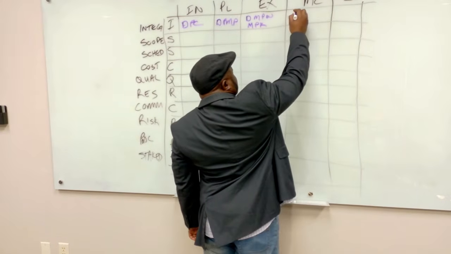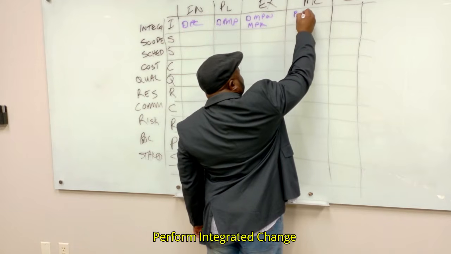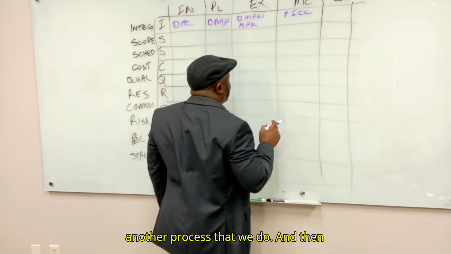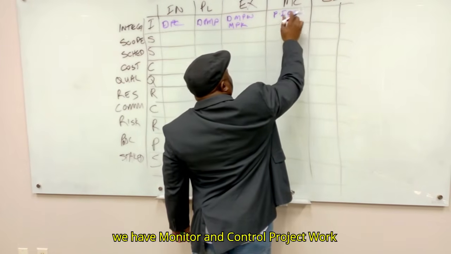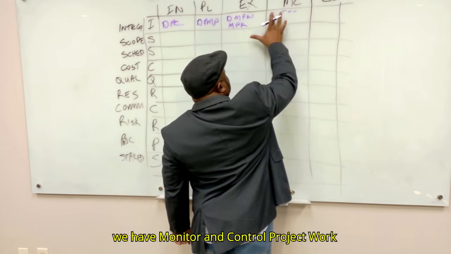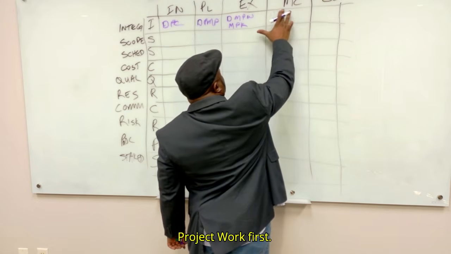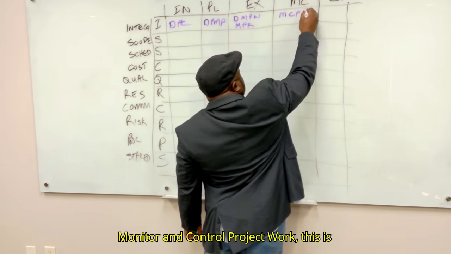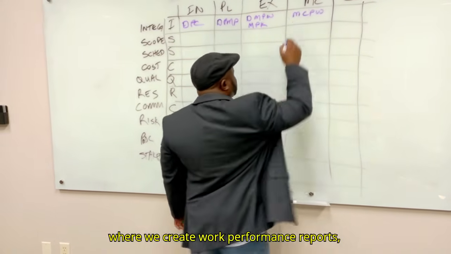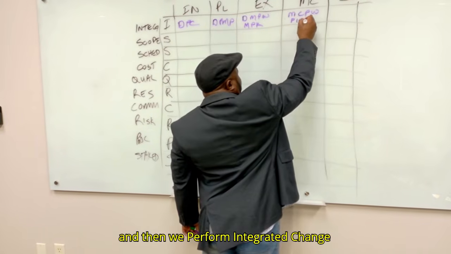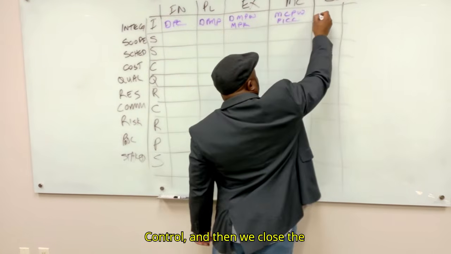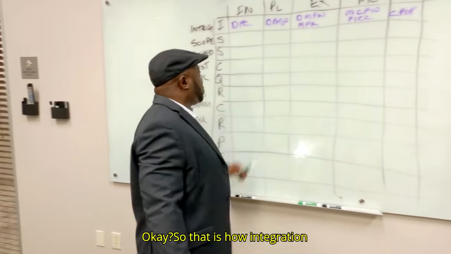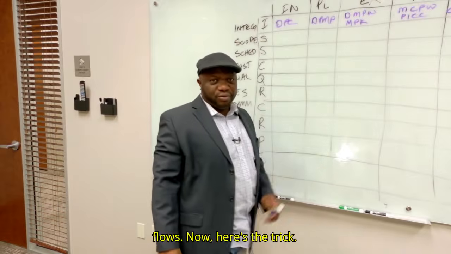We have monitor and control project work. This is where we create work performance reports, and then we perform integrated change control, and then we close the project or the phase. Okay? So that is how integration flows.